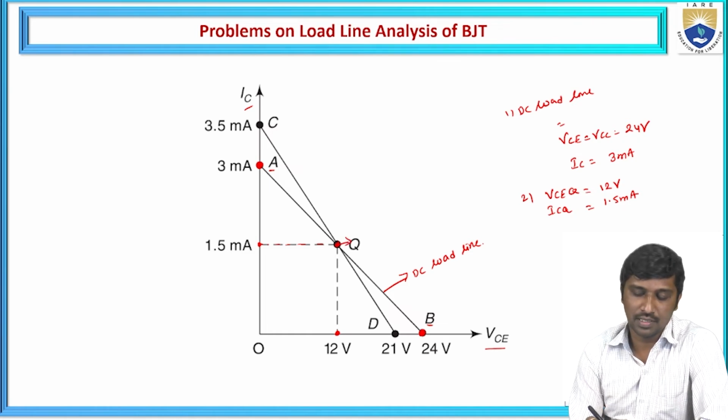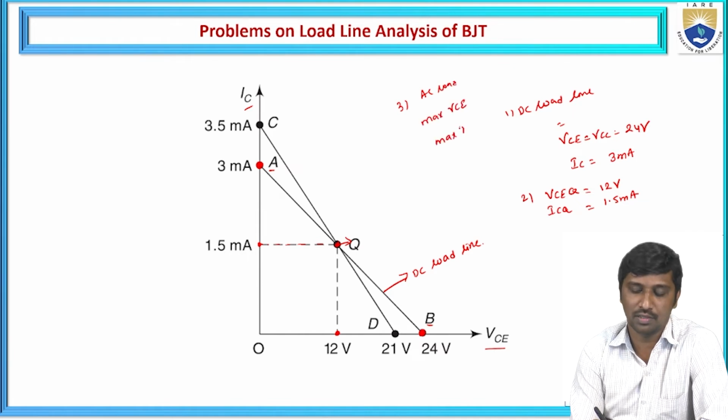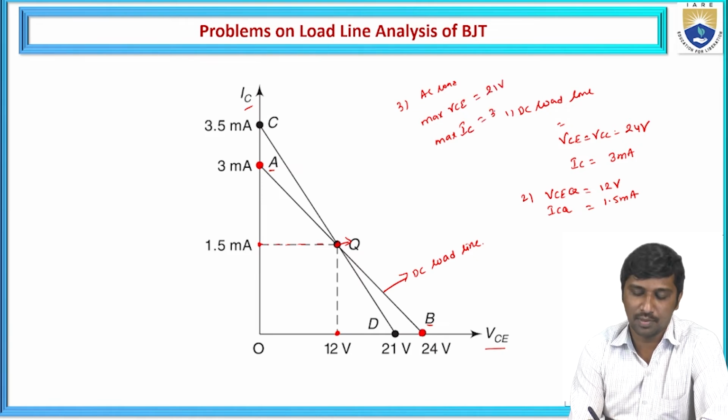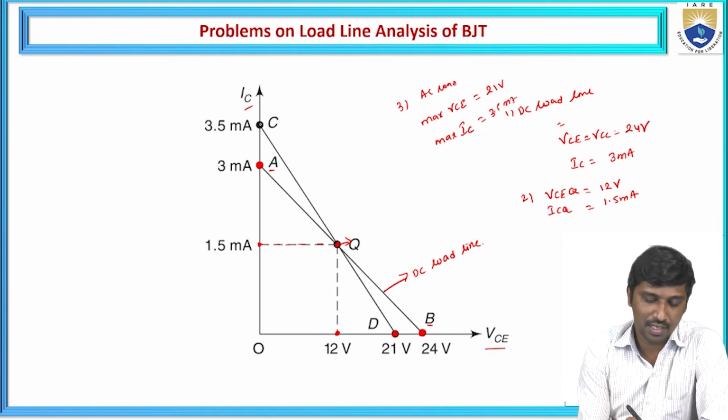Now, based on this, we need to find out the AC load line. In the AC load line, we observe the maximum VCE as well as the maximum IC. So what is the maximum VCE? We observe 21 volts. The maximum IC value we observe is 3.5 milliamps. So this is the 21 volts and the maximum IC value is 3.5 milliamps.